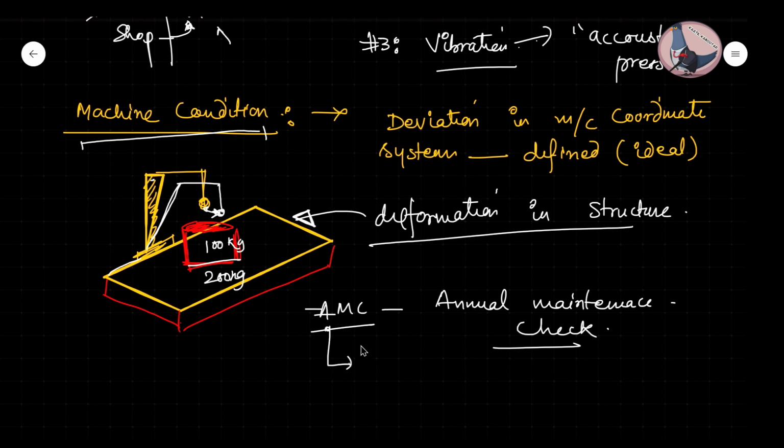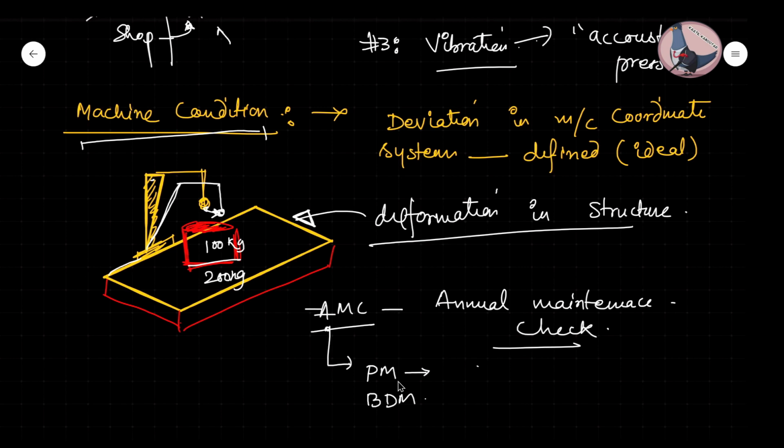Like suppose you have one AMC for 1 year. In a 1 year AMC, there will be some preventive maintenance and some breakdown maintenance. So in preventive maintenance, suppose you have two preventive maintenance visits in 1 year, then every six months, a person from the company will come, and he will bring all sorts of his own equipment, and he will measure how much deviation has come, whether any deviation has come or not, whether there has been any permanent deformation in the structure.